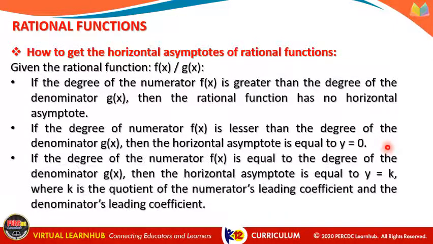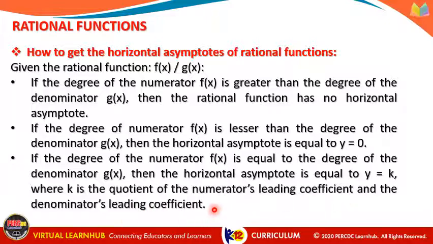Lastly, if the degree of the numerator is equal to the degree of the denominator, then the horizontal asymptote is equal to y equals k, where k is the quotient of the numerator's leading coefficient and the denominator's leading coefficient. I hope naalala nyo pa itong mga terms na ito.